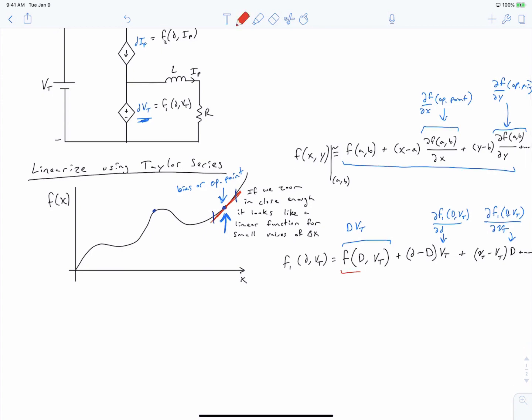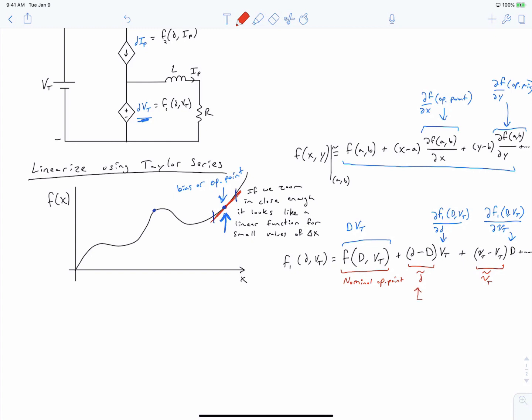So we can note that this first term is our nominal point, or our bias point, or operating point, or nominal operating point. We can label this second term as being d tilde, because it is going to be the small signal perturbation about our operating point. And the next term we can label as v tilde, because again, that will be our small signal perturbation.